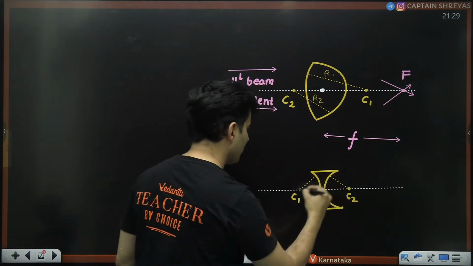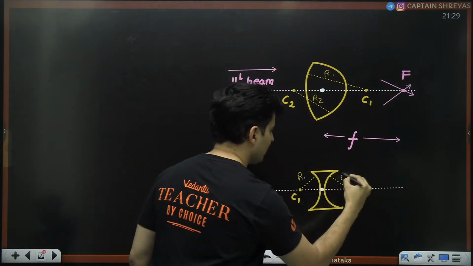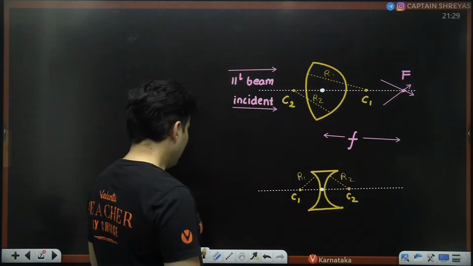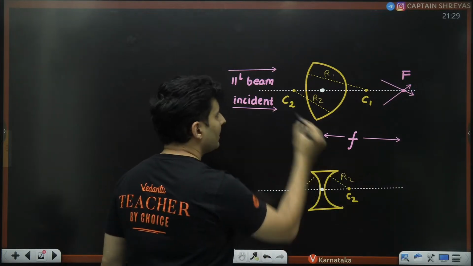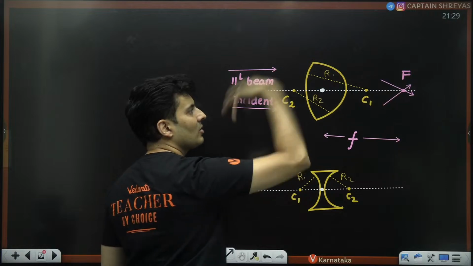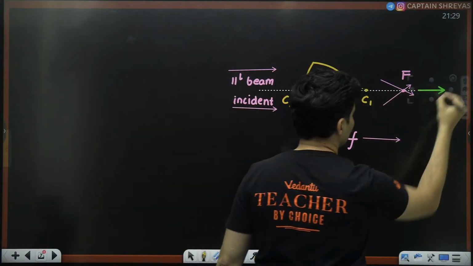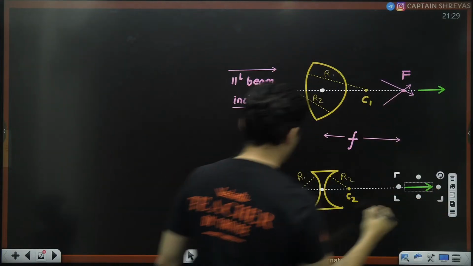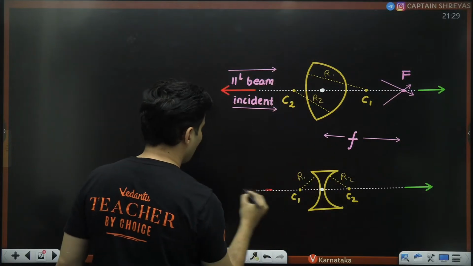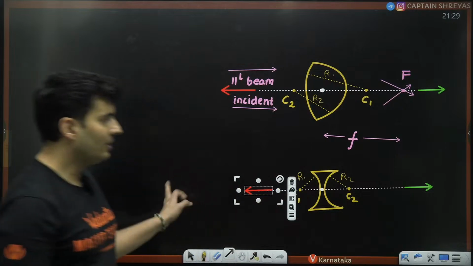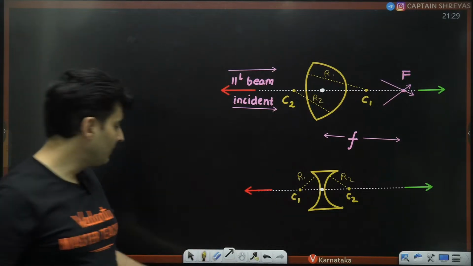And needless to say, this will be R1 and this will be R2. Now obviously we have to define which side is positive and which is negative. Incident light is going this way, so that side will be positive. So this is the positive side, and the exact opposite side will be the negative side for our sign convention.